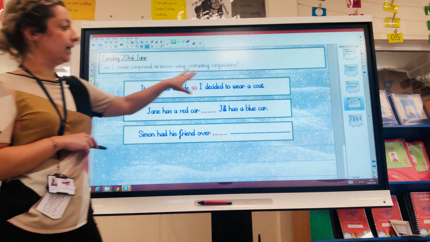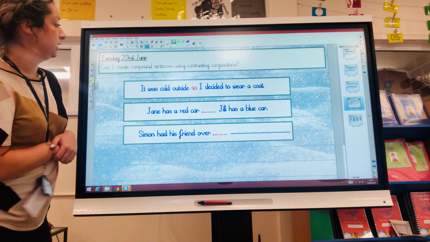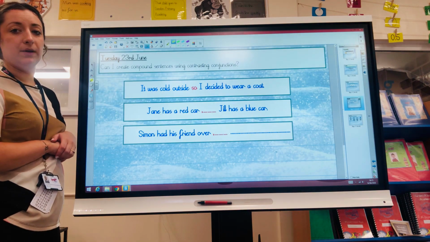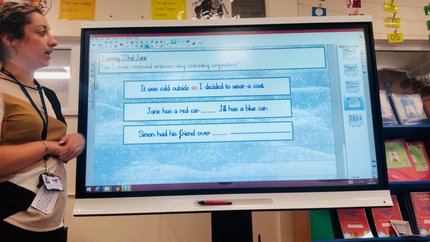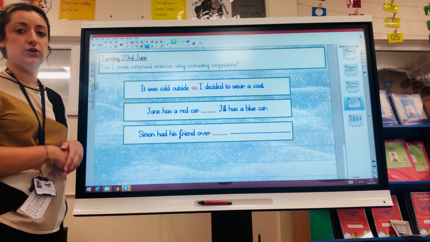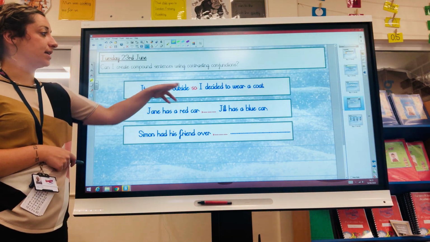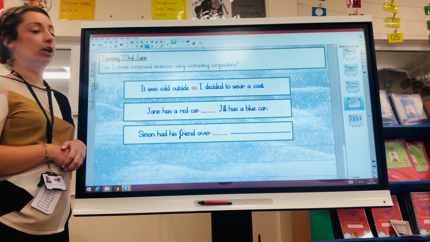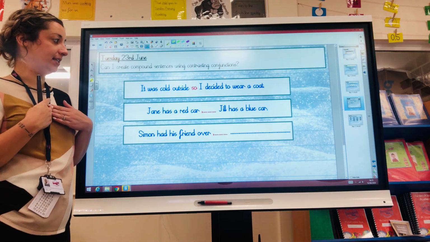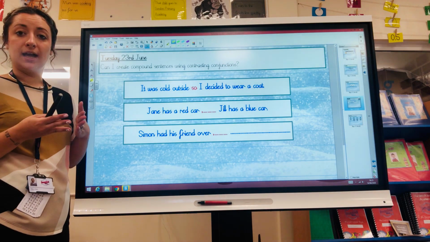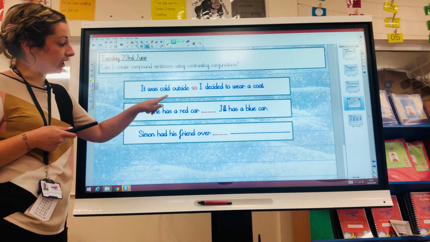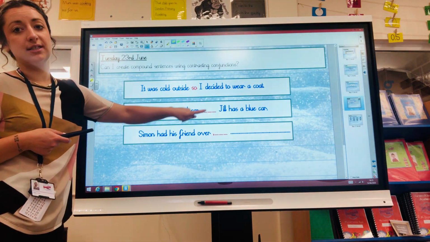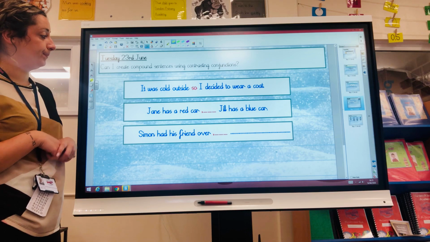The first one I've done for you. So in the blue is my compound sentence and it's separated with a contrasting conjunction. It was cold outside, so I decided to wear a coat. That's my sentence. Now for you guys at home, I want you to think about what could my contrasting conjunction be.